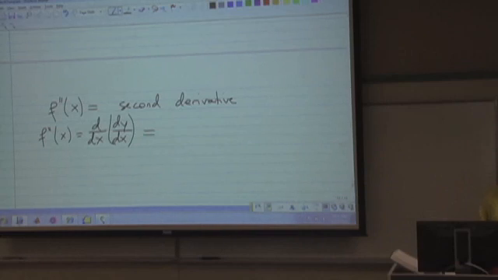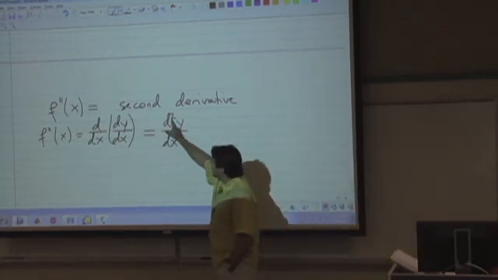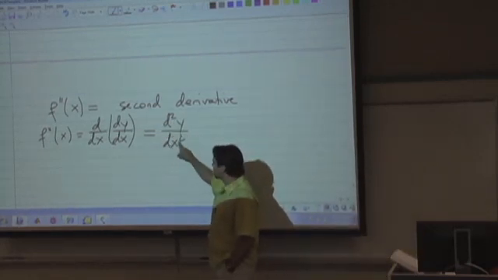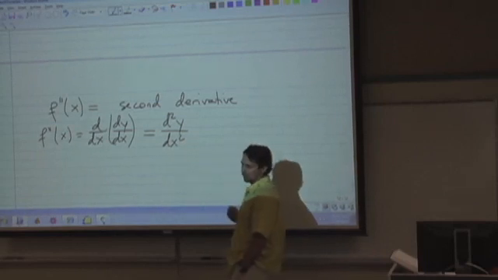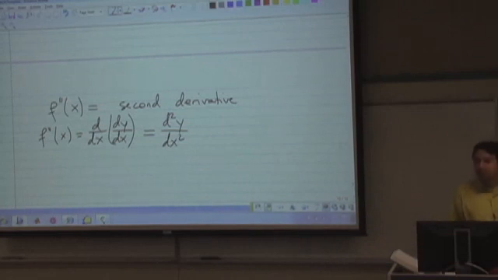However, this notation looks a little ugly, and so the way we actually denote things is d squared y divided by dx squared, which basically says you take two derivatives of y, both of them with respect to x. That's how you would read it. Does this make sense? Okay.